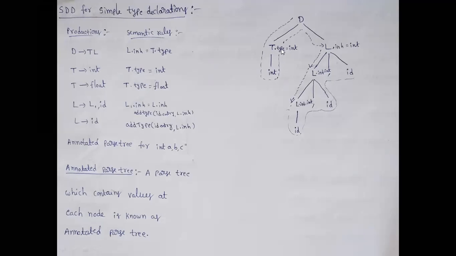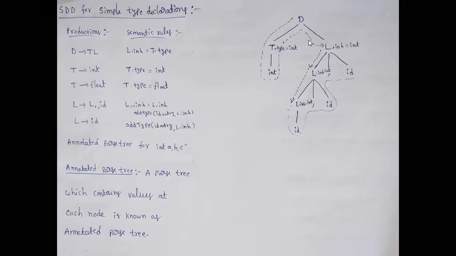So here we are specifying T dot type is equals to int. So we are moving top to down and left to right. So in previous example we are moving downwards.